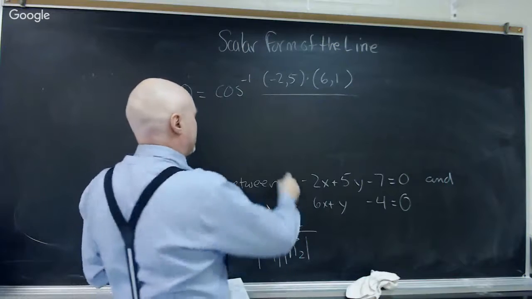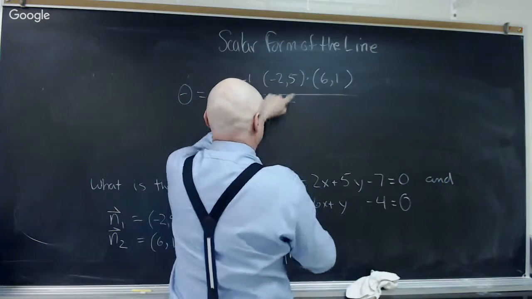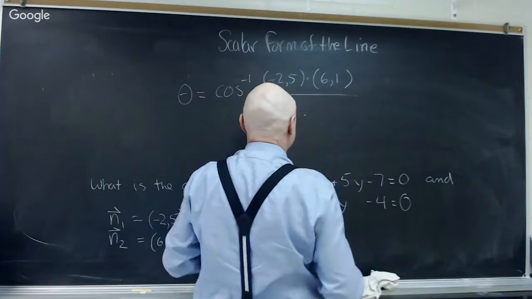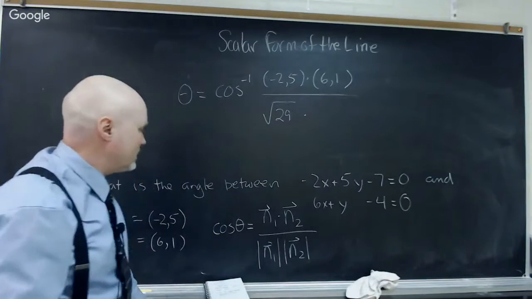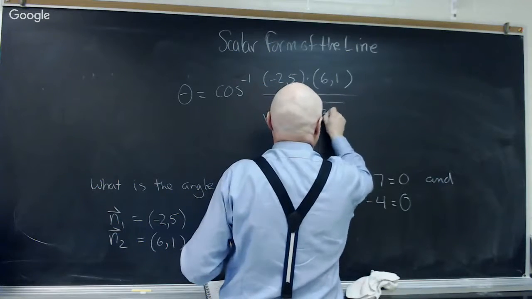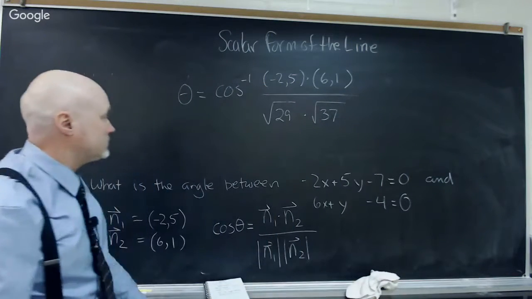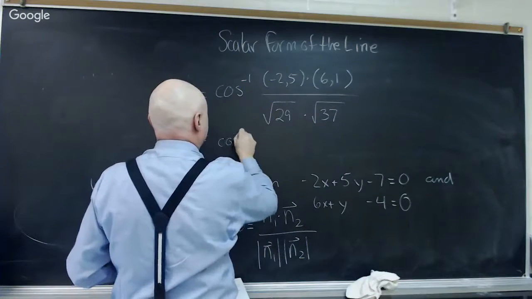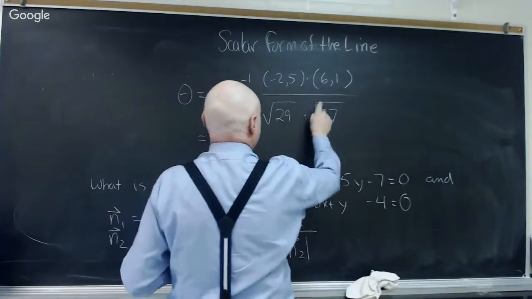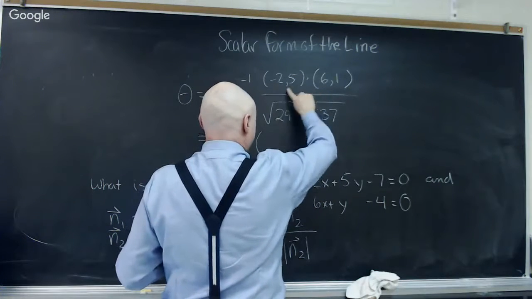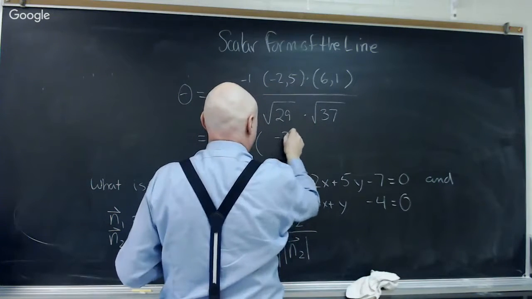Square root 29 times square root 37. Inverse cosine of -12 plus 5, which is -7.